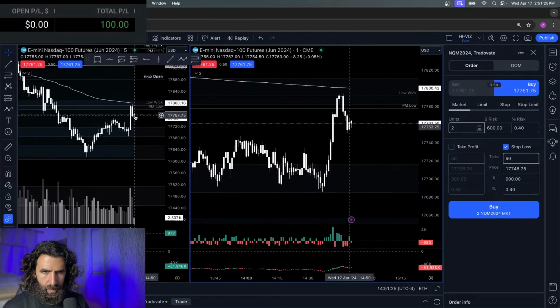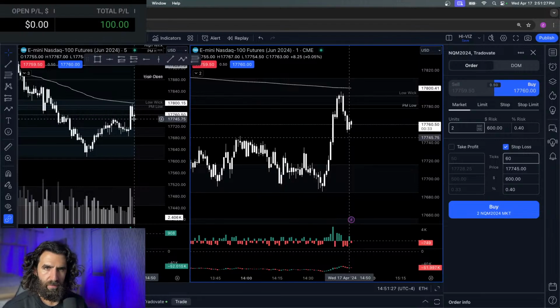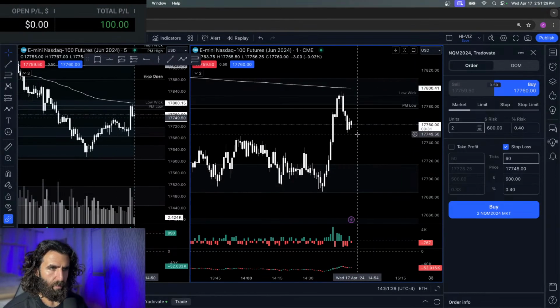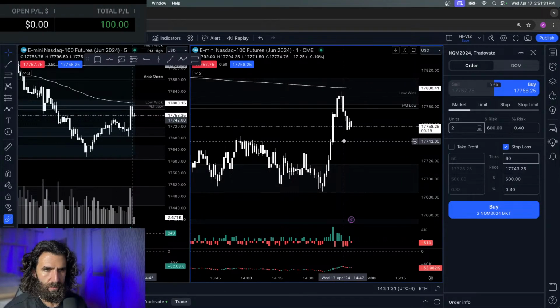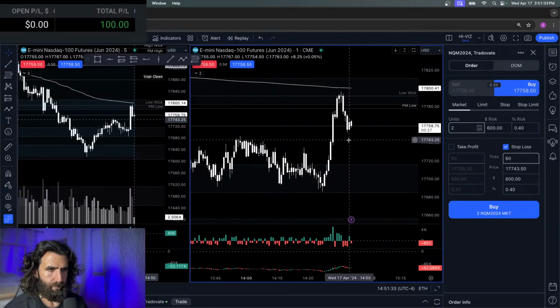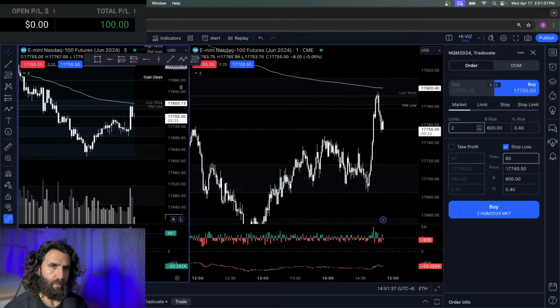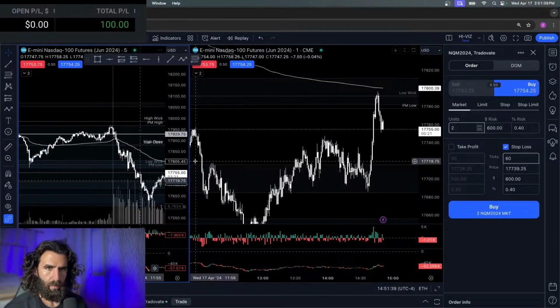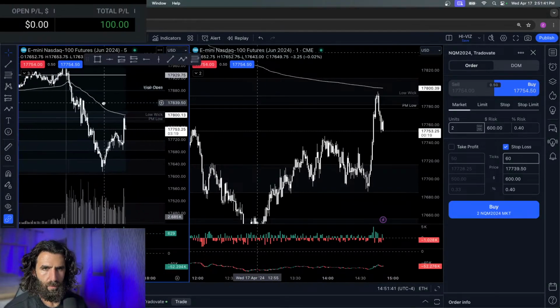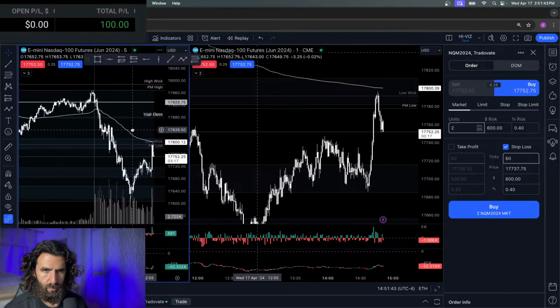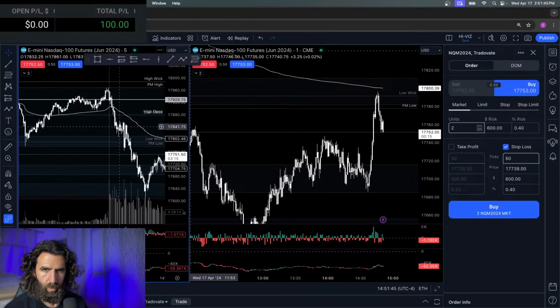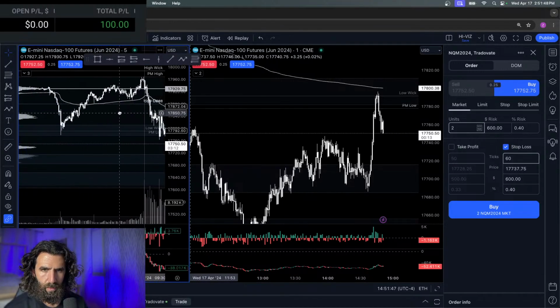No wick to the downside on this 5 minute. We'll see if that wants to flip down a little bit further. This kind of came down and tapped at least into this area right here. But we do have some room to run back into the pre-market range if it decides to.